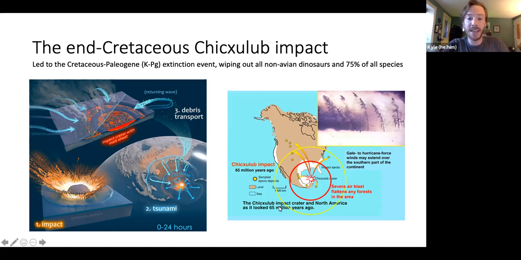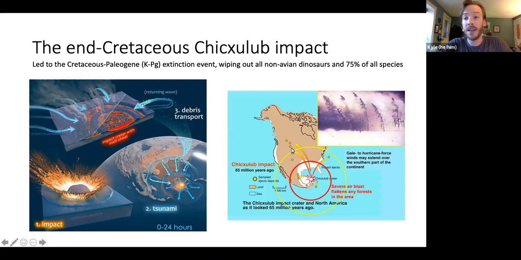And this was such a massive impact that there was debris, shrapnel that flew up from the impact site and spread thousands and thousands of kilometers away, as you can see in these little yellow dots.